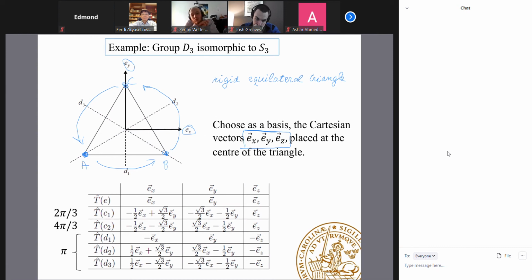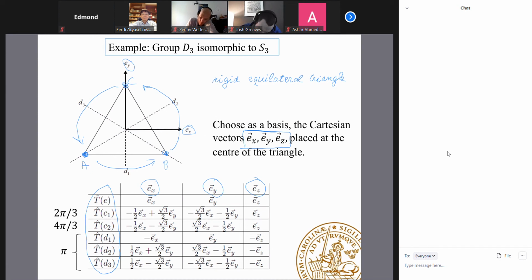So now we make a table like what we have here. We just list the basis, Ex, Ey, Ez, and we look at how these basis vectors are rotated when we apply the symmetry operator on them. The first one is trivial because it's just the unit element, it doesn't do anything. And we look at C1, let's say.